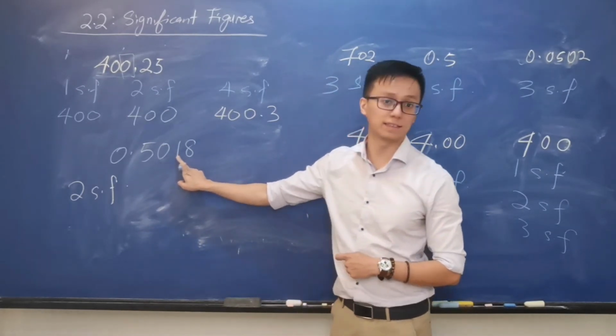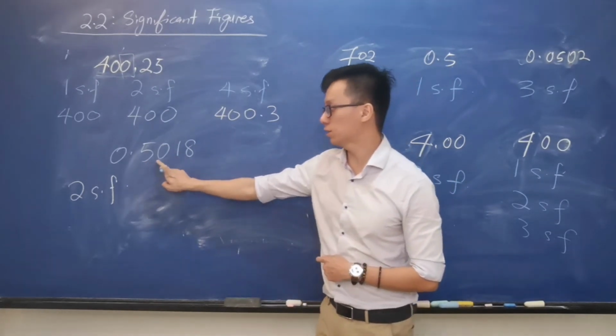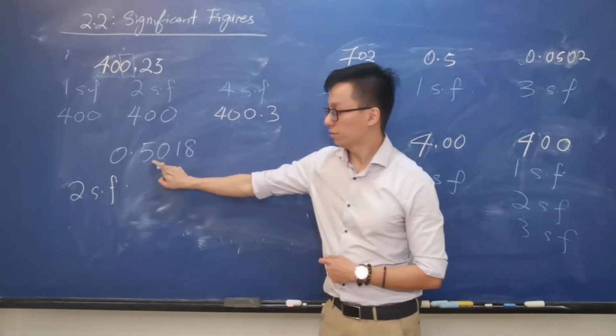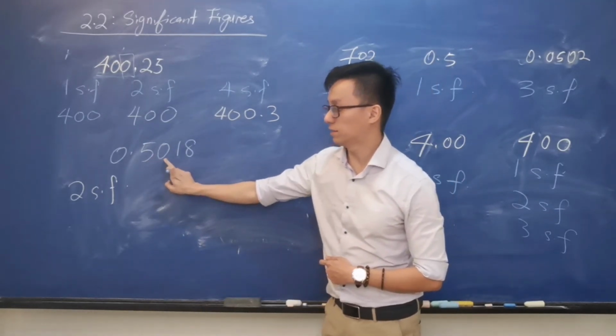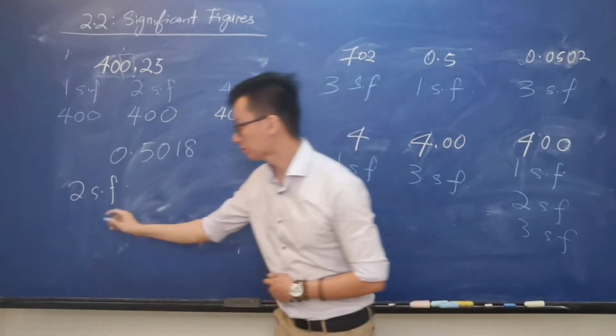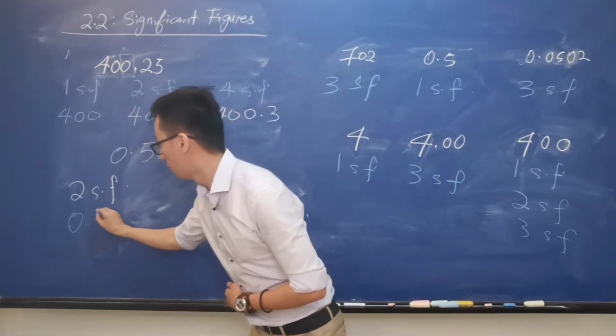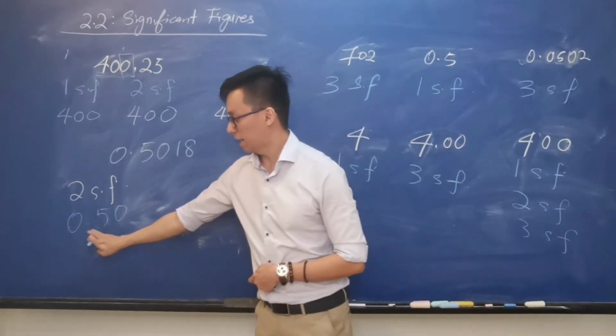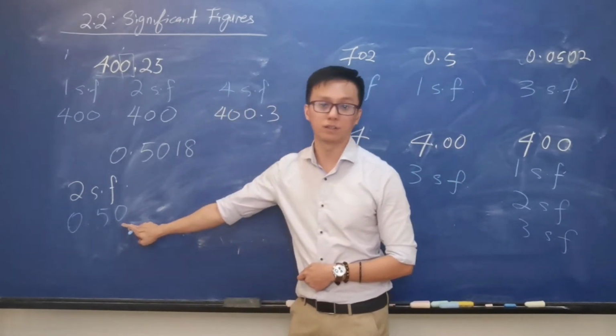So 1 is less than 5, which means that this 2 remains. The 0 also remains. So the answer will be 0.50. From left to right, 2 significant figures.